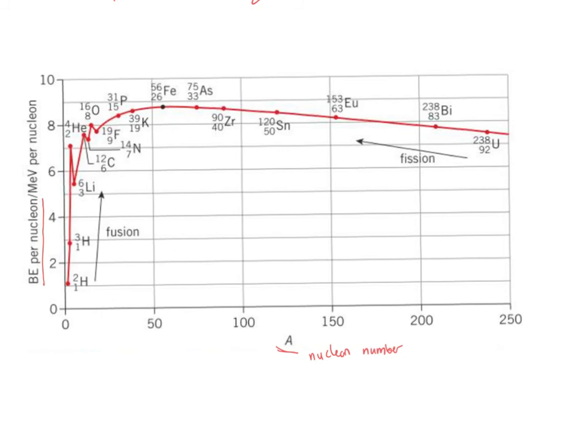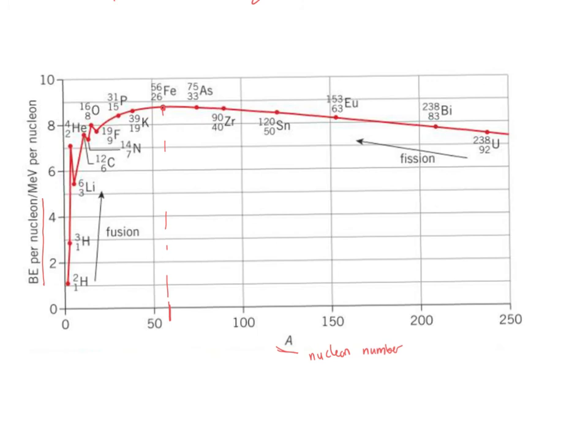There are a few key features of the graph. You can see that with nuclei, the most stable out of all of them is iron-56. It has the highest binding energy per nucleon, which makes it the most stable.